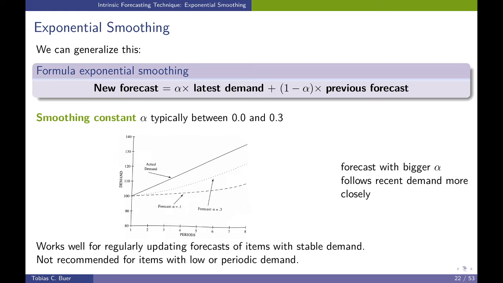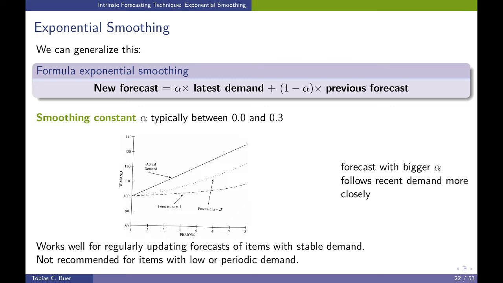Then you see that a higher alpha leads to a quicker reaction of the forecast to the actual demand development. The information from the last period has a higher weight and the forecast adjusts quicker. When alpha is low, we put most of the weight on our forecast and little weight on the actual demand to correct our forecast.